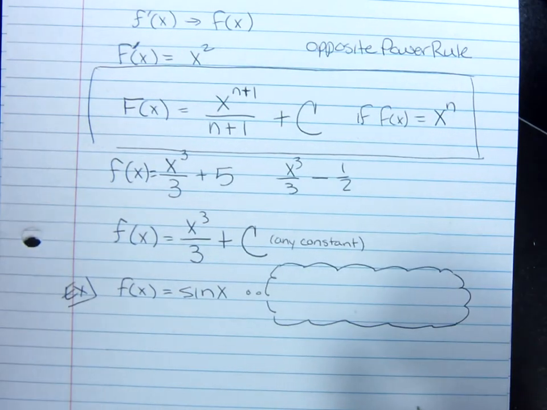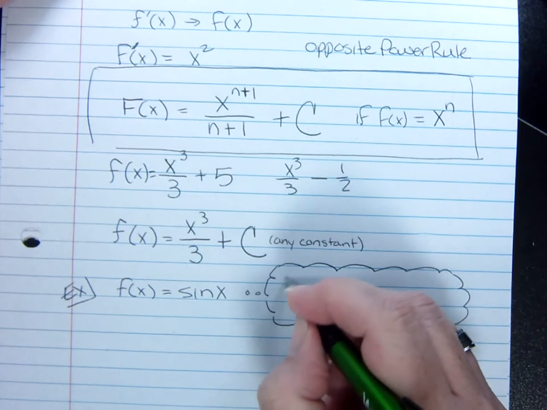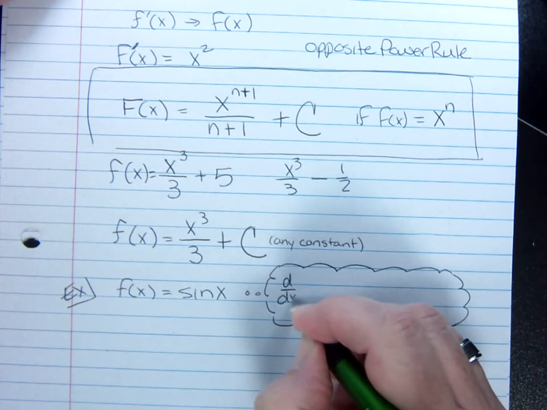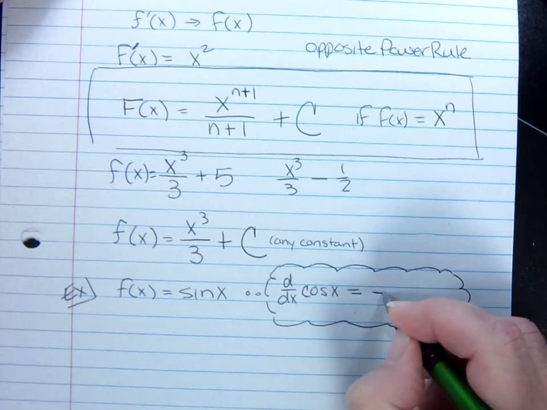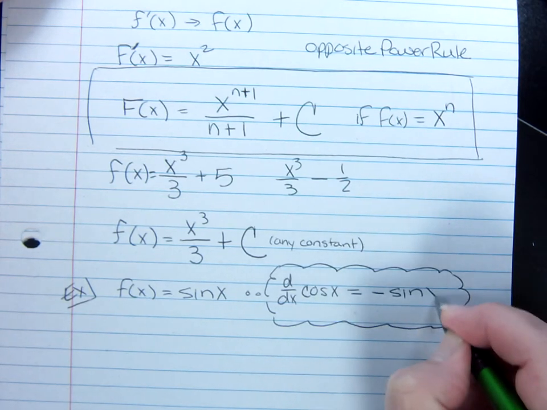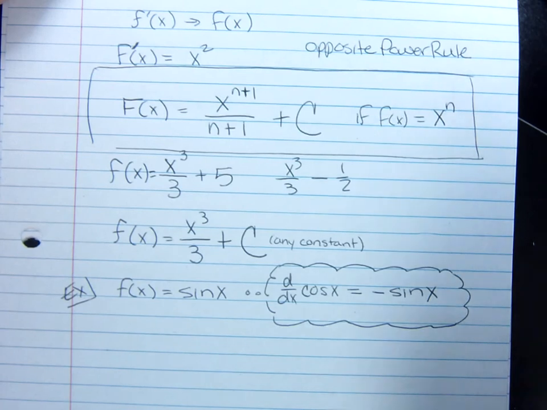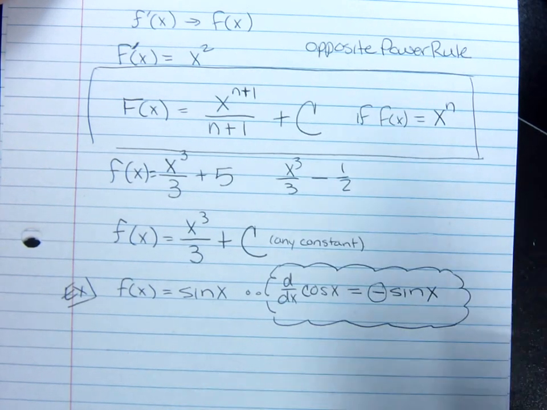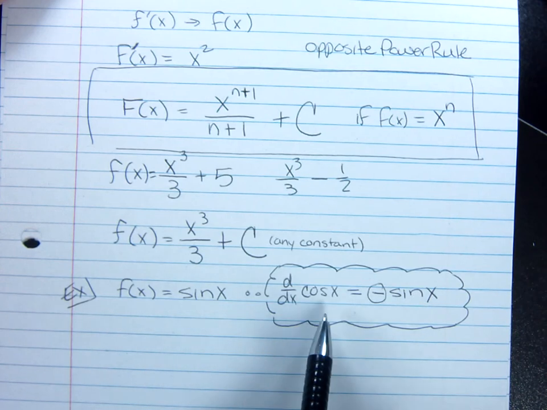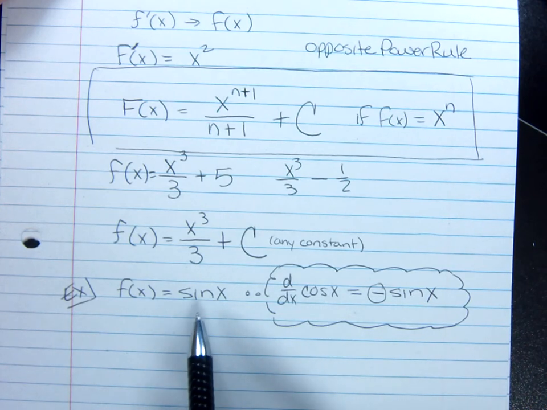I'm thinking, well, if I differentiate cosine of x, I get negative sine of x, so that's close. So what could I do so that I can make sure that if I differentiate something, I get sine x?